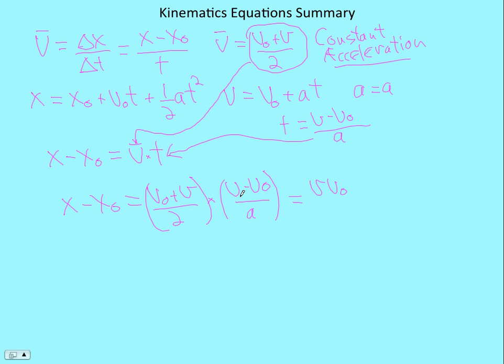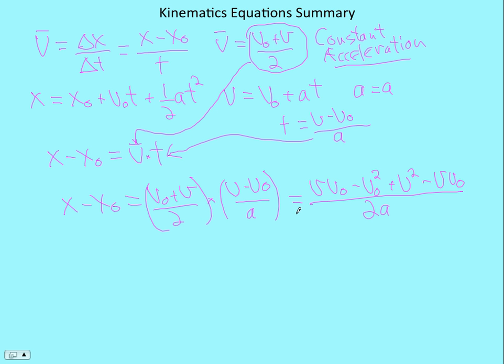And then I have v0 times v0, times a negative 1, so you get negative v0 squared. And then I have v times v. I'm just carrying out this multiplication here. And then I have v times a negative v0. And then this whole thing is over 2 times a.